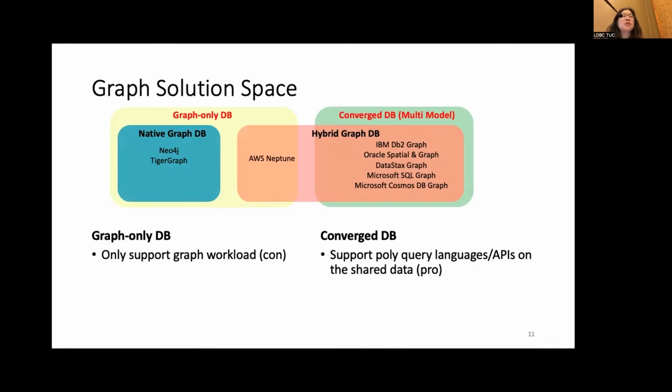That is sometimes a disadvantage, because sometimes you have mixed workload. If you look at Neo4j and TigerGraph, they often have dedicated chapters in their user manuals describing how to do data import and export. On the other hand, converged databases support poly-query languages or APIs on the same data, so if you consider the end-to-end pipeline of a heterogeneous workload, they can have some advantage.